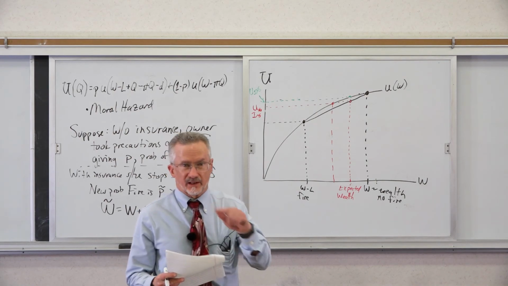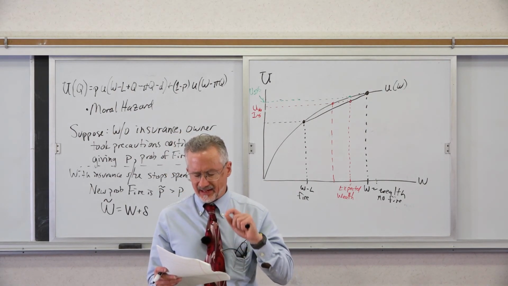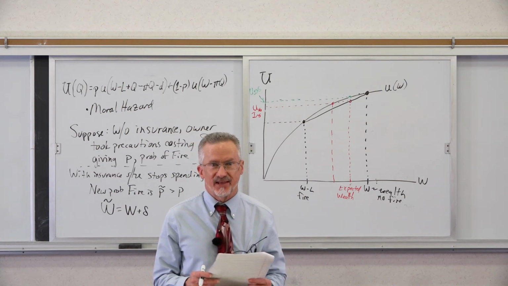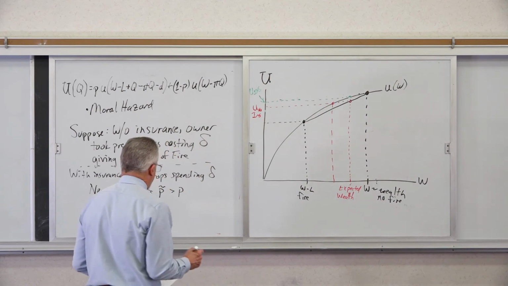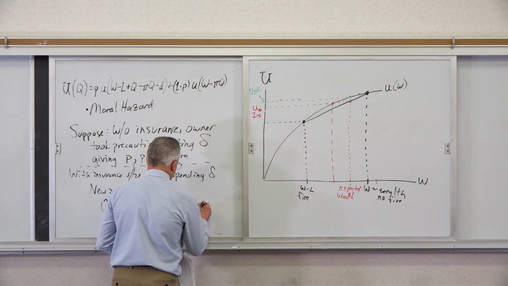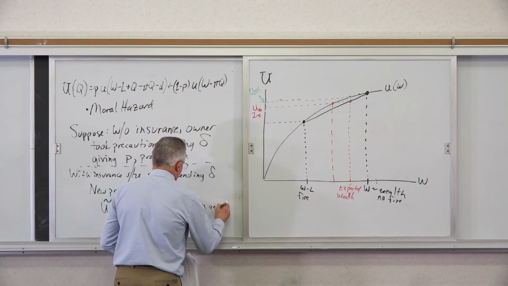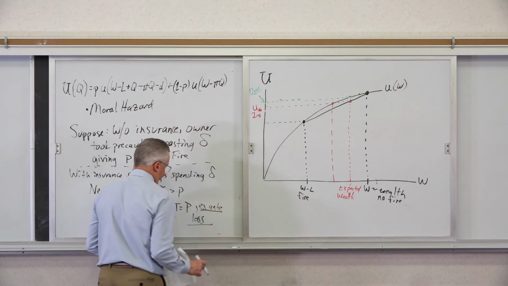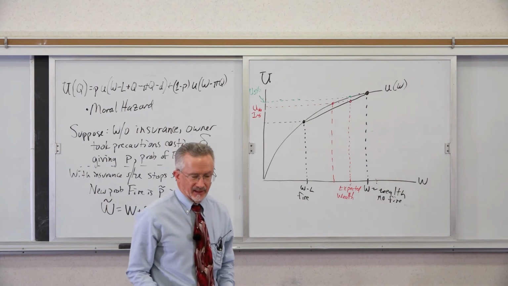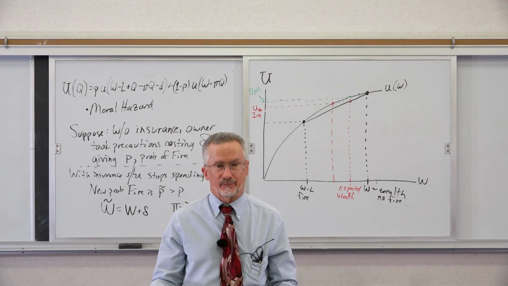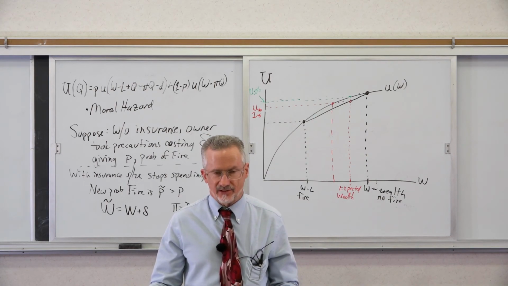Well, clearly, the insurer who is charging an actuarially fair premium, pi equals P, is now taking an expected, ex-ante loss. Ex-ante, before the fact, expected loss, because they were earning zero profit before, and now they're charging too little. They're earning negative expected profit.